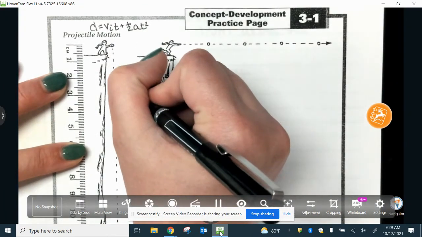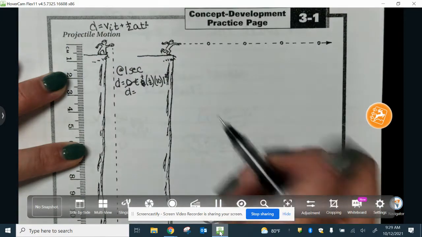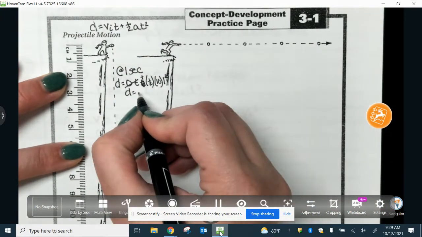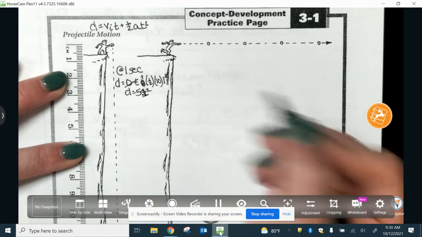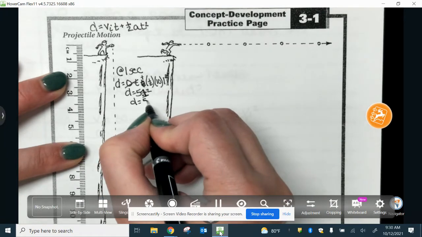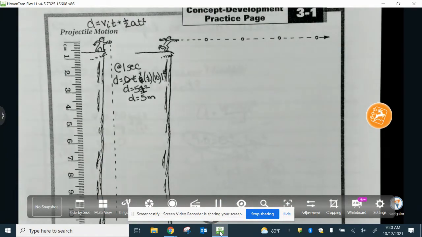So to clear this up a little bit, we have D: 0 times time is 0. 1/2 times 10 is 5 times 1 squared. So my distance is going to be 5 meters because 1 squared is 1, and 1 times 5 is 5.